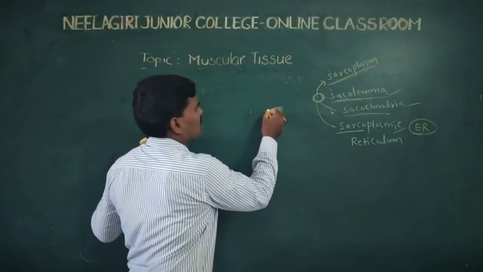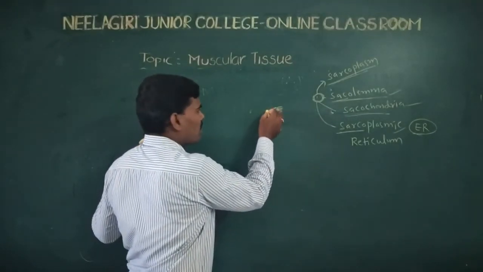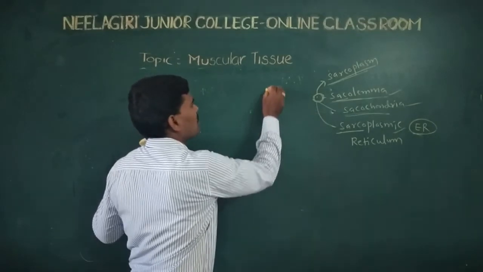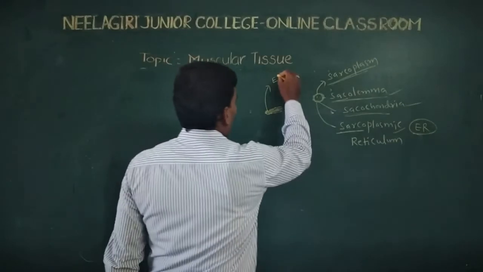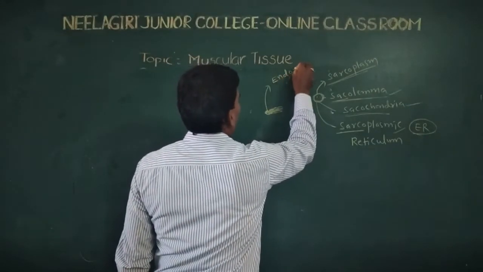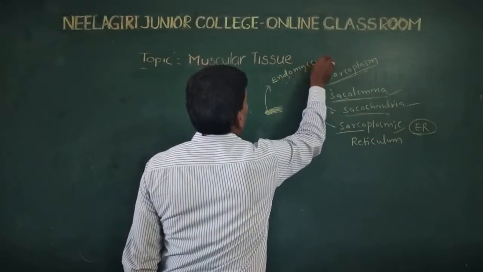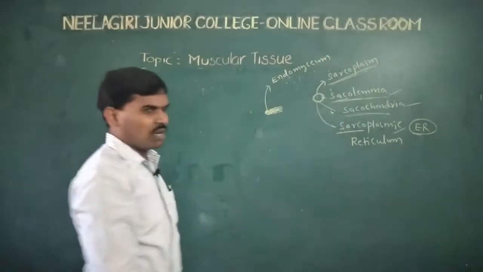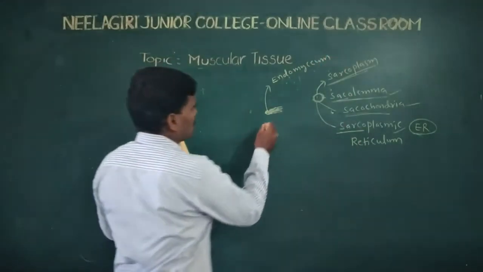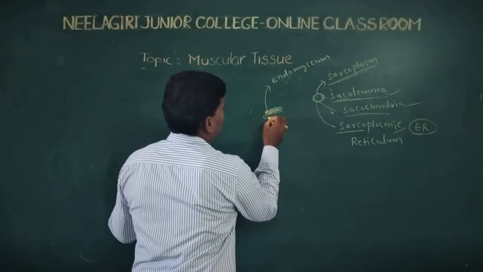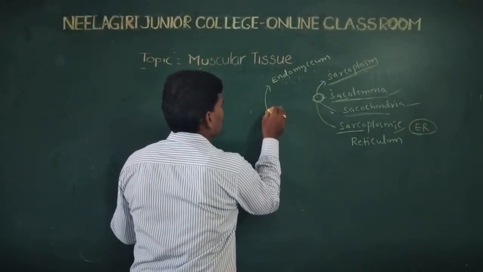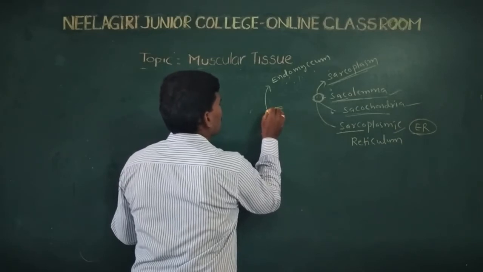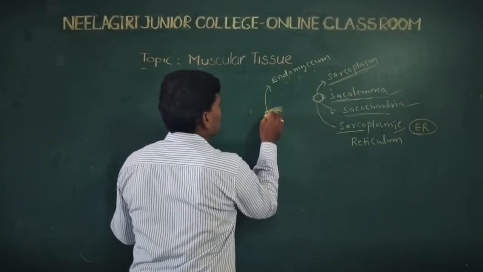These muscle fibers are surrounded by a layer called endomysium.